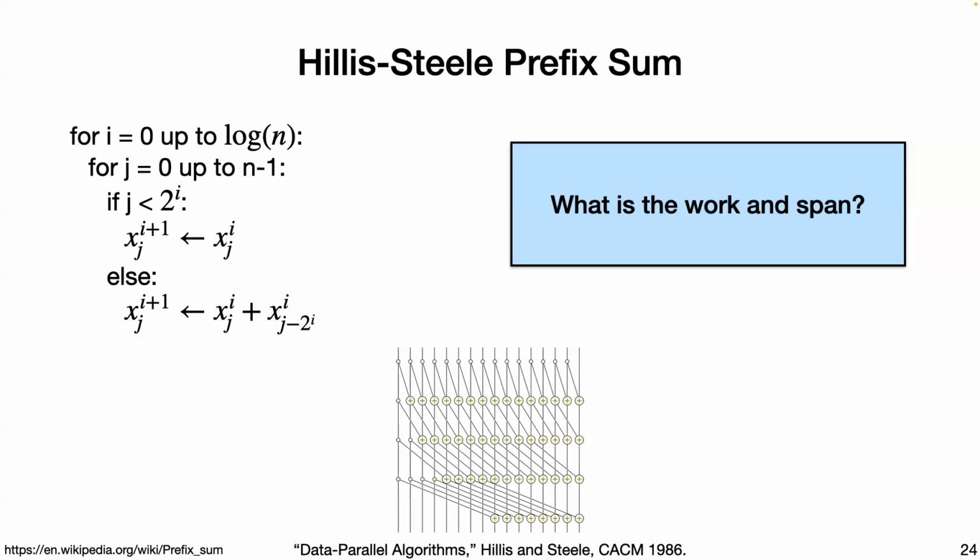That's not an exponent. That's the value in the i+1 iteration, in the next step. Okay, so the value of x sub j in the i+1 iteration. Yes. The top one is the iteration of the outer loop, and the j is just the index in the array space. Okay, yeah.